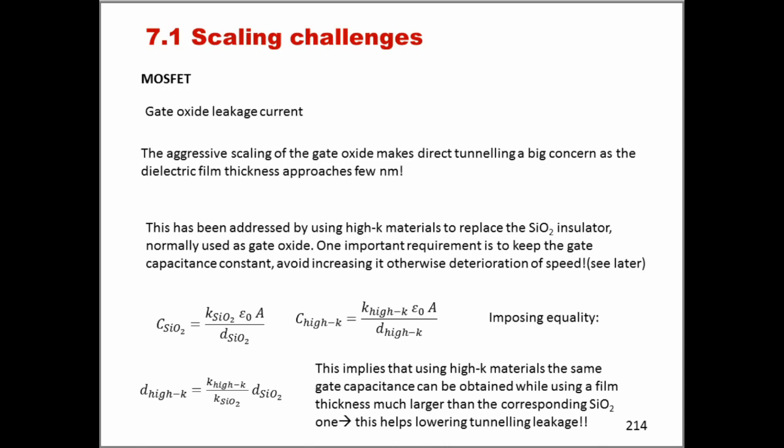We will come back to this point later on also when we deal with non-volatile memories, but the requirement of keeping the capacitance of the gate stack unchanged relies on the fact that when we operate, the gate stack is a capacitor, and so this capacitor together with the transistor is generally connected in a matrix of transistors, and so normally there will be some resistance connected to these connections that are made.